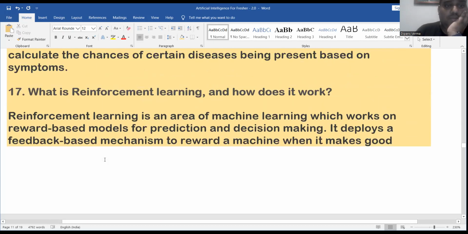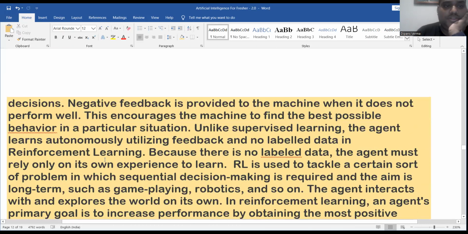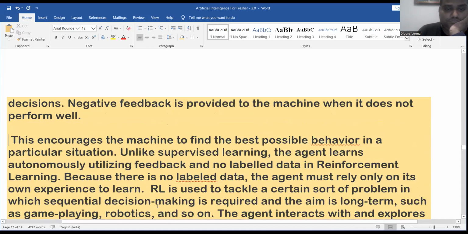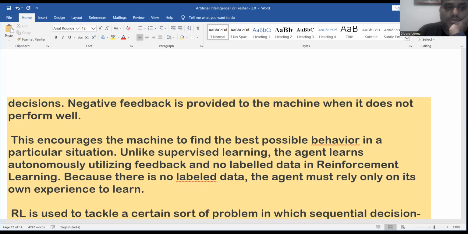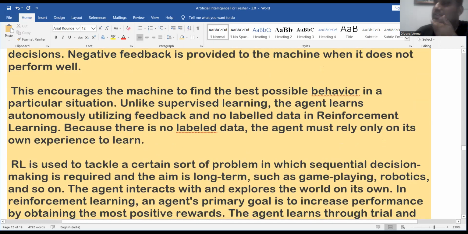Okay. What is reinforcement learning? This is a very advanced type of AI, you can say, based on reward models, right? Negative feedback is part of how the machine learns, so good behavior is encouraged. Learning happens because there is no labeled data, and the agent must rely on its own experience to learn, right?